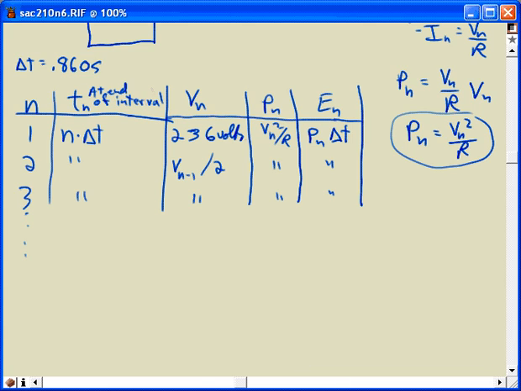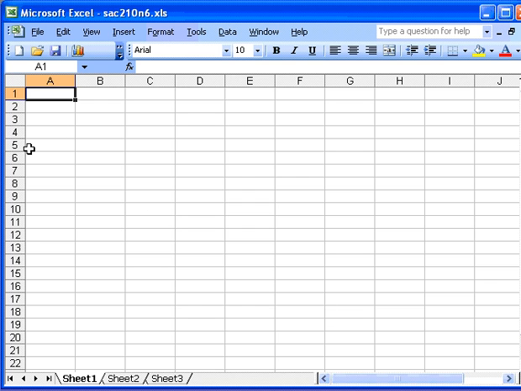N, T, V, P, and E. So I'll go N, T sub n, V sub n, P sub n, that's the power, and then the energy.